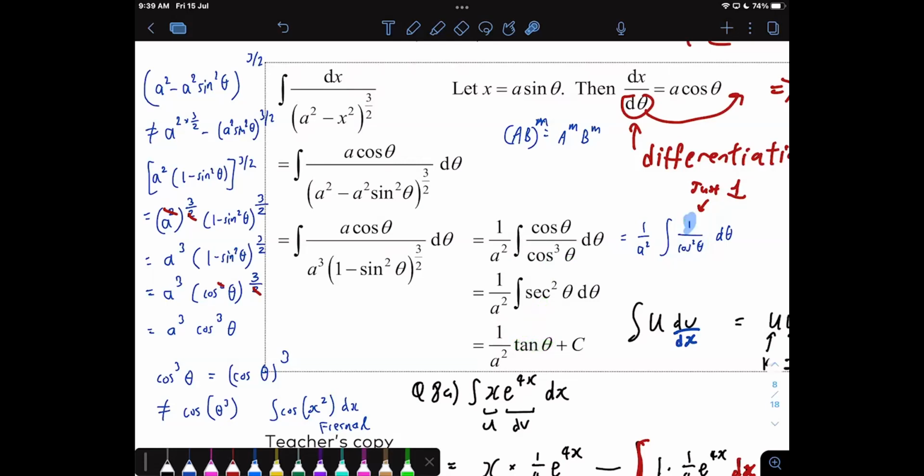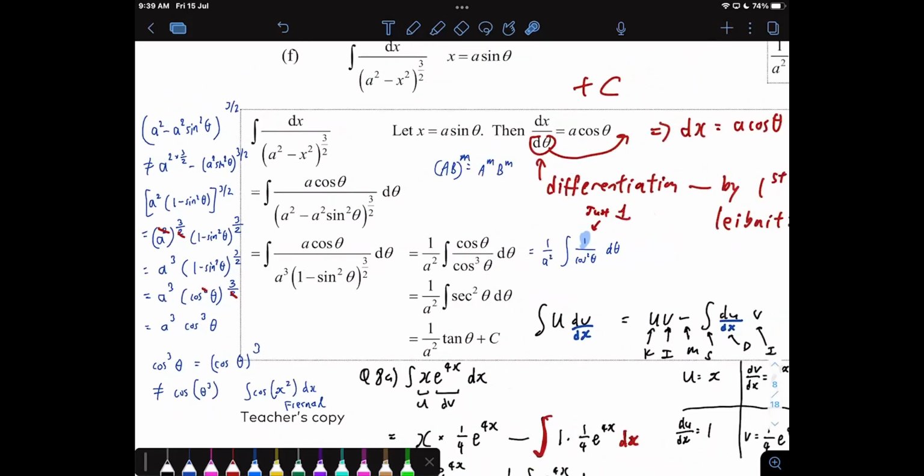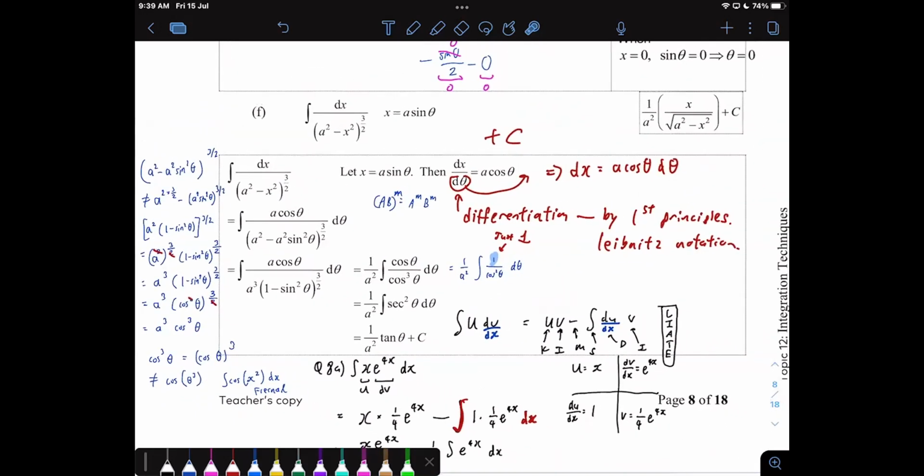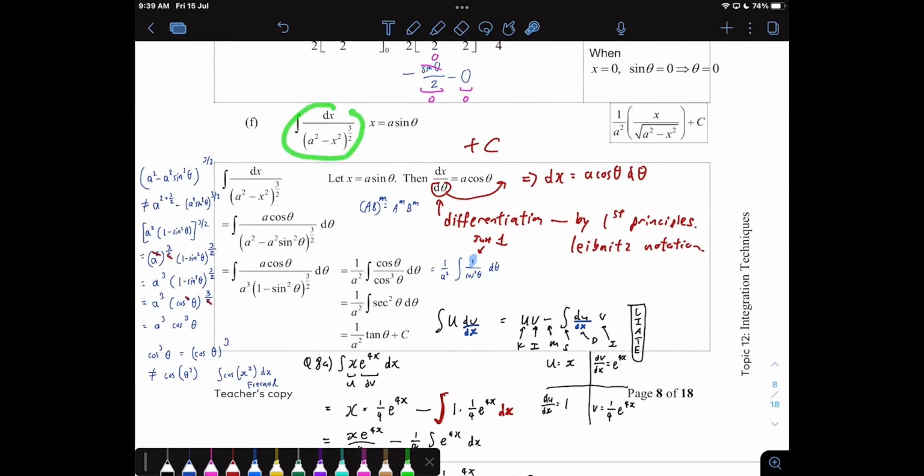And are we done? No. Why? Because remember the original question is in terms of x. So what do we need to do now? Convert the theta world back into the x world, exactly. So how do we do that? We got x equals a sine theta, but here is tangent theta, then how?